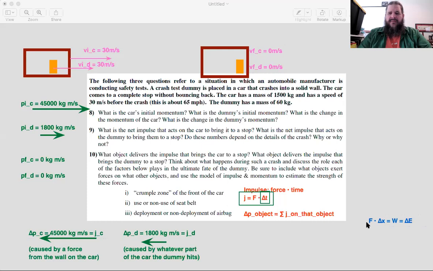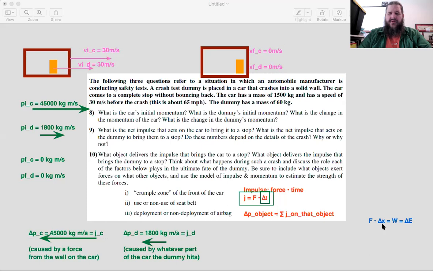So multiplying force times the distance traveled is very useful if you're talking about energy changes, including kinetic energy. But in this case, we're not looking at energy, we're looking at momentum. So that would involve impulse, which is force times time. And of course, these are both happening. You're applying a force to the object as time passes and also as the object moves some distance.